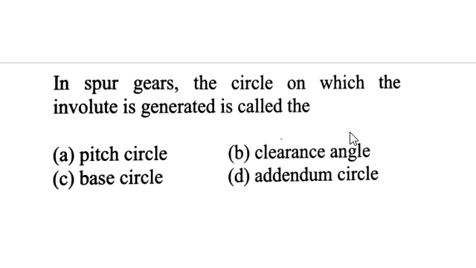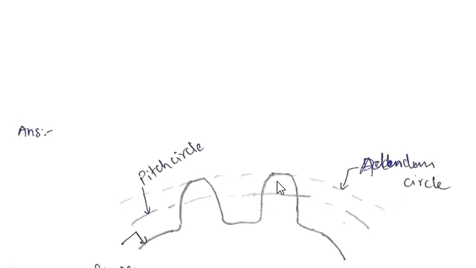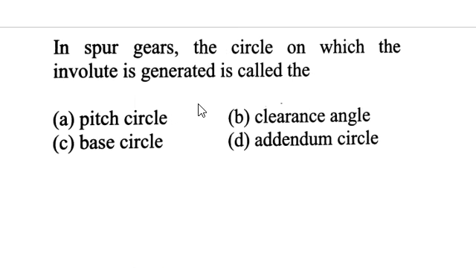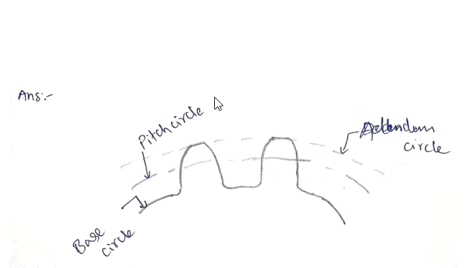And if you see the next question, in spur gears, the circle on which the involute gear is generated is called: pitch circle, clearance circle, base circle, or addendum circle. And if you see the gear tooth nomenclature here, the circle on which the profile is generated is being asked. So that is nothing but the root circle or base circle.